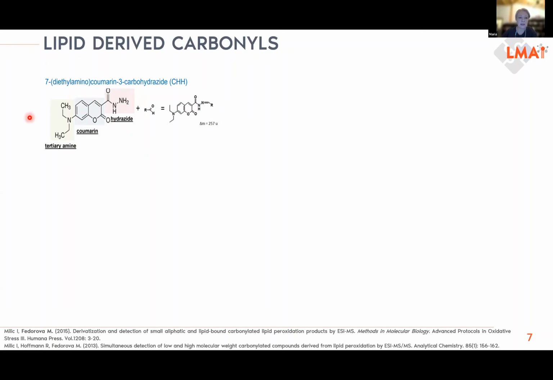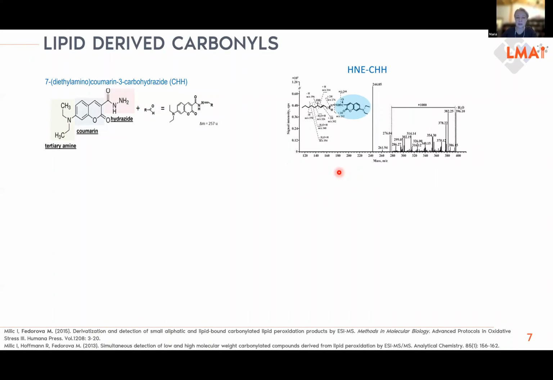Additionally, it has a tertiary amine group, which, as you can imagine, is a perfect group for ionization. So we can derivatize and stabilize our products, bring them all together in the extraction, and we also can increase the ionization, so the sensitivity. The other interesting thing about this CHH, as we call it, is that due to the fragmentation mechanism of those adducts, it allows us to pretty nicely deduce the whole structure of the derivatized products.